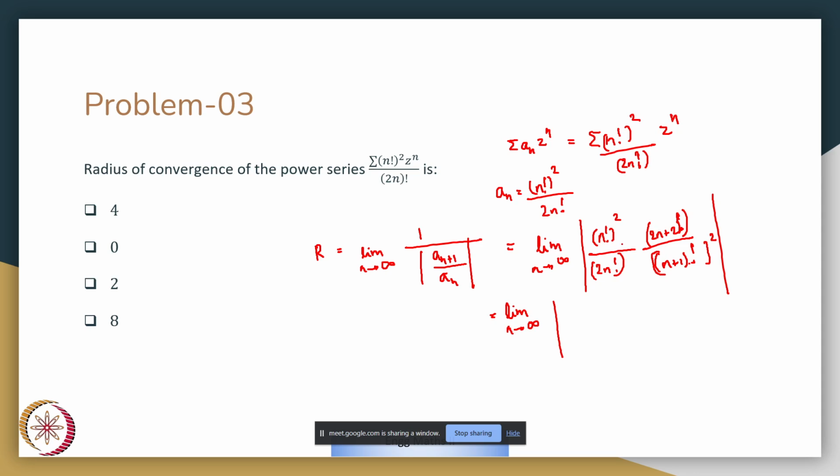So (n factorial) square upon (n plus 1 factorial) square would be nothing but 1 upon (n plus 1) whole square, and (2n plus 2) factorial upon 2n factorial would be (2n plus 2) into (2n plus 1).